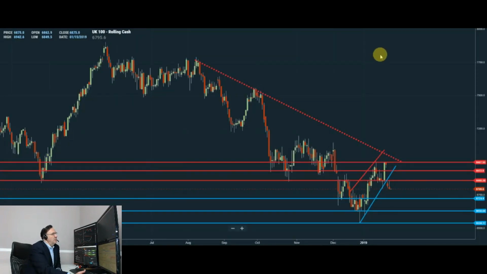FTSE 100 or UK 100 is currently pushing lower, especially on Friday. This is the daily time frame. We saw this pin bar forming here, with sterling dollar rallying higher late Friday afternoon. The upside is capped by 68.60, followed by 69.33 and 7,000 on the upside.